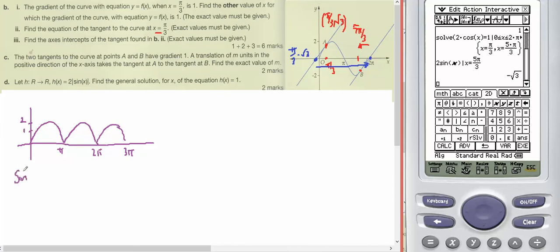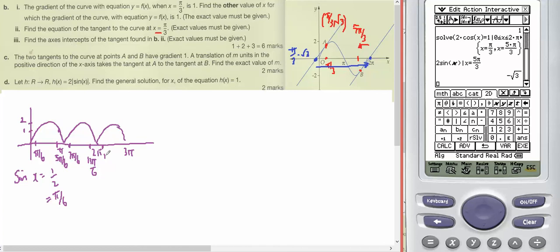Well, the sine of x equaling a half is pi on 6. So one answer will be pi on 6. You can have another answer here which is going to be 5 pi on 6, and then I'm going to have another answer here which is 7 pi on 6. Another answer here which is 11 pi on 6.